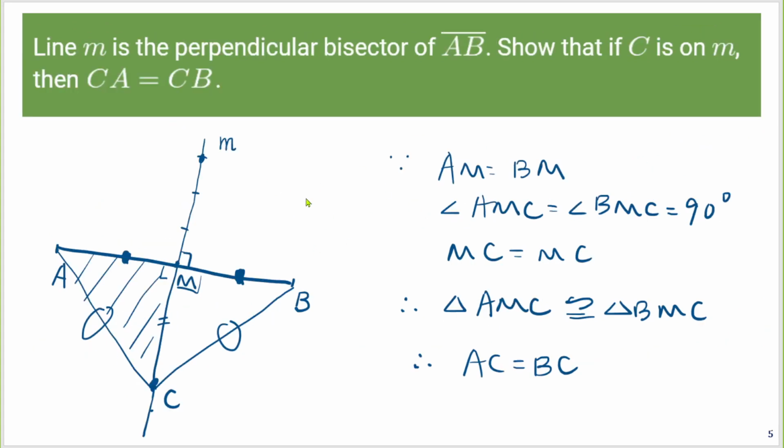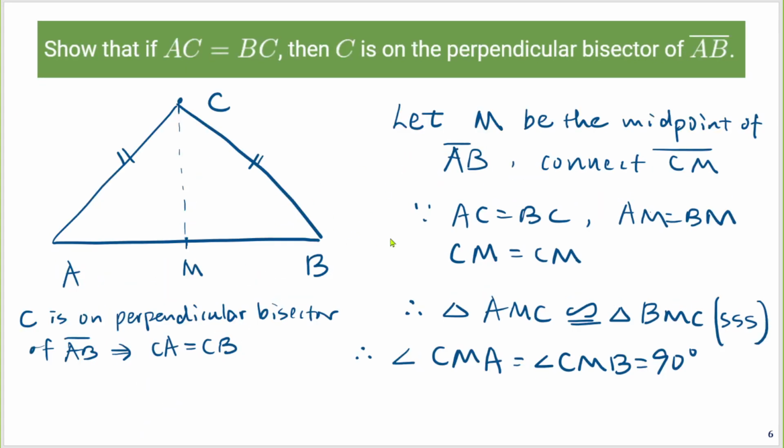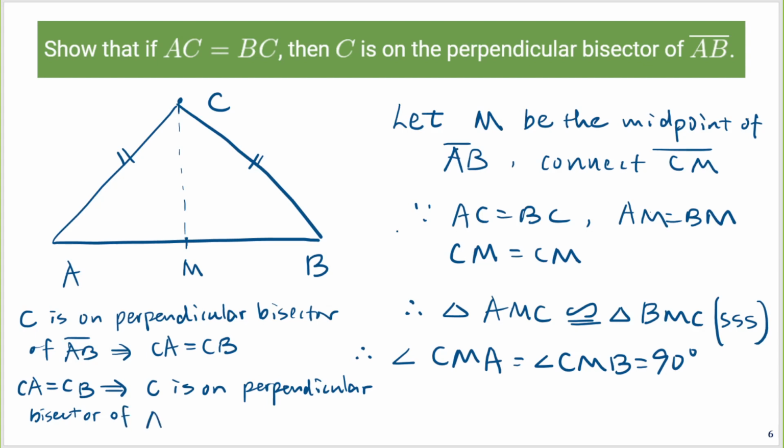This is according to the previous example. And according to this second example, if you have CA equals CB, then we could say C is on the perpendicular bisector of AB. This statement is reversible, right?